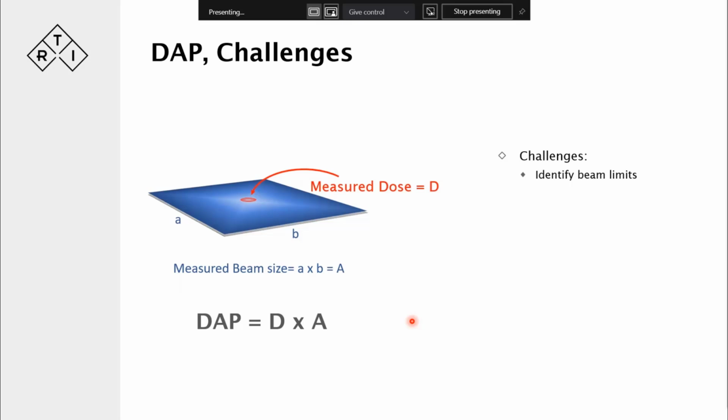Is it a square, or a rectangle, or an octagon, or what is the actual shape of the irradiated area? And to get it completely right, we need to know the angle. We need to ensure that the area we're calculating is at a 90-degree angle to the center of the beam that we're measuring. Those are the challenges when looking at DAP from a definition point of view.